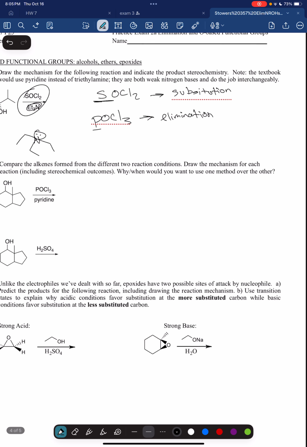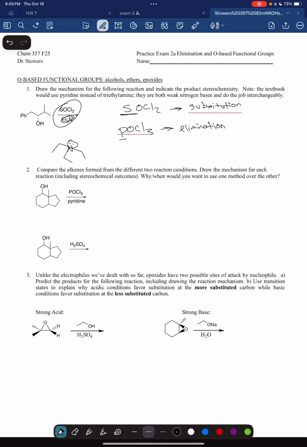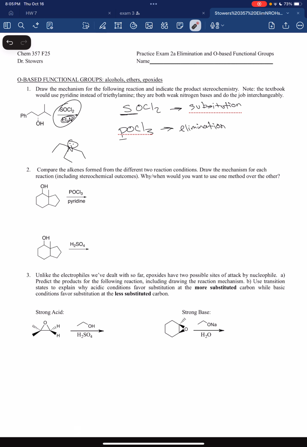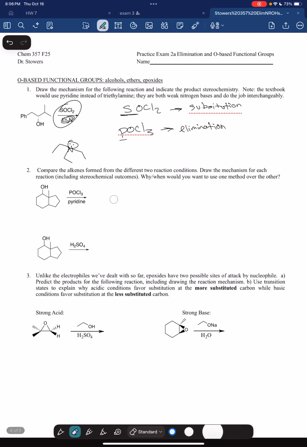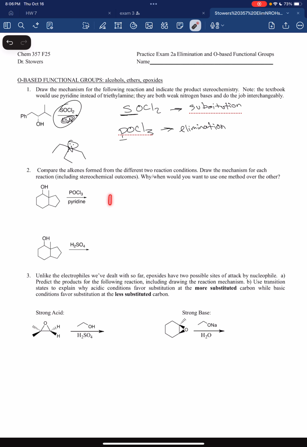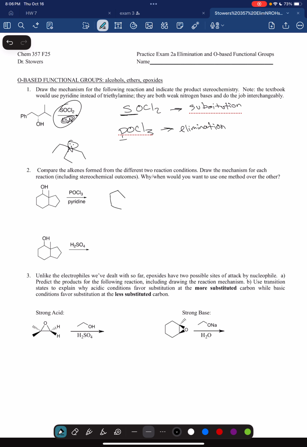All right. Compare the alkenes formed. Actually, going back to this one, as a side note, on the test or on any assignment, if you're pretty confused about something or confused about what the products are going to look like, a lot of the times there's just going to be something like this, and in the test all you need to do is draw the supposed product, whatever it is.